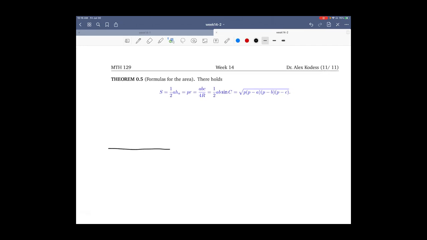So the picture is this. Area is 1/2 A times HA.